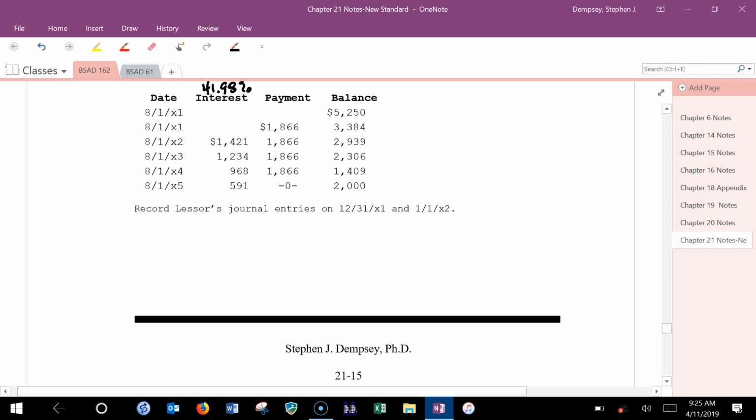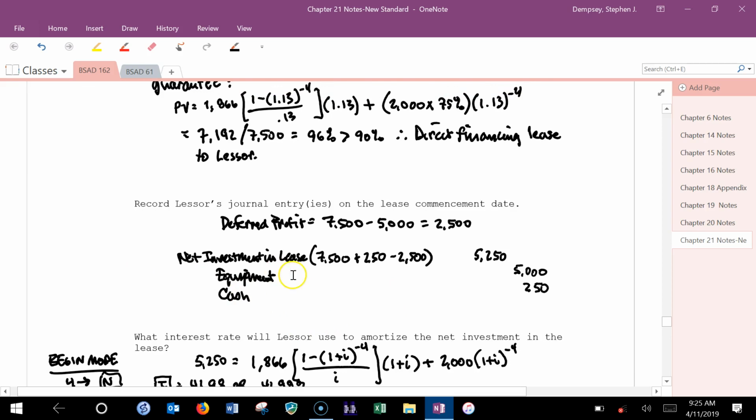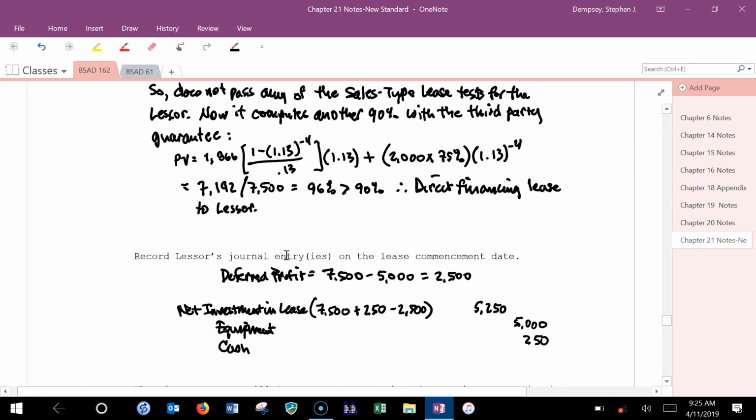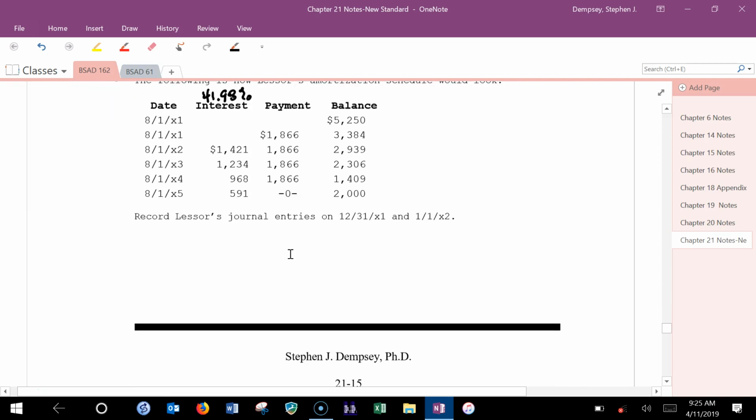So we already made the entry here on the inception of the lease. What would that entry look like on 12/31?